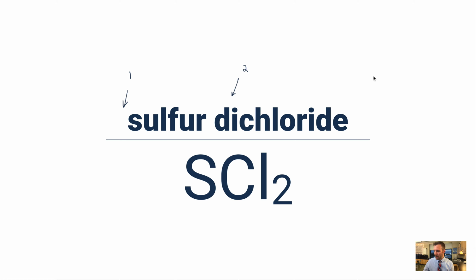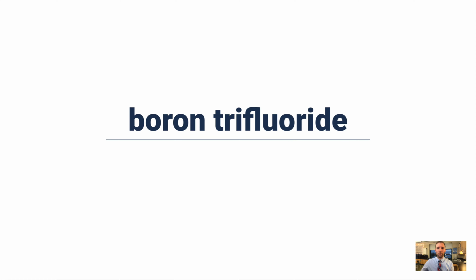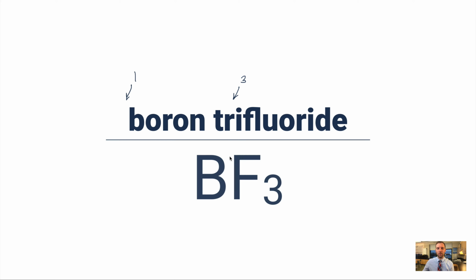Again, we don't write subscripts for 1, so that's why it's just SCl2. Here's another one, boron trifluoride. Boron is B. There's only one of them, just like in the last example. Not putting a prefix at the very beginning of the first nonmetal means that there's only one. But then tri means 3. So that means this is going to be BF3 for the formula there.